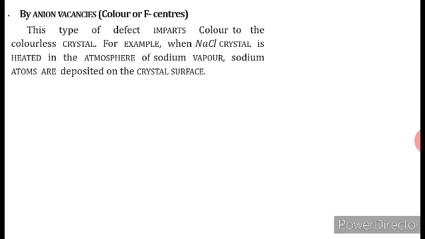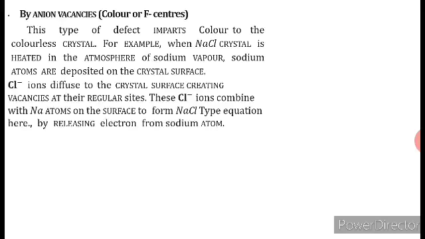So this chloride ion diffuses to the surface of the crystal lattice. Here they react with sodium atom and form sodium chloride by losing an extra electron. This extra electron occupies the vacancies generated due to absence of anion.